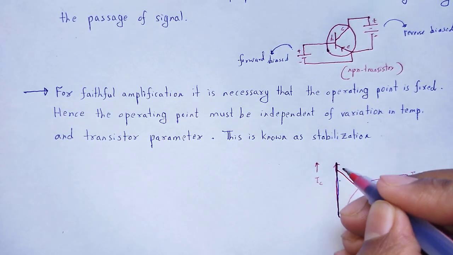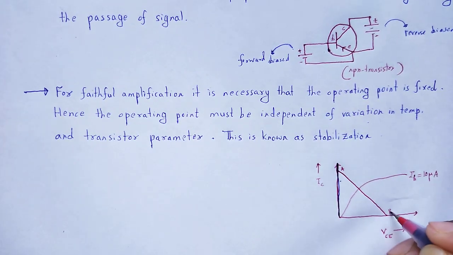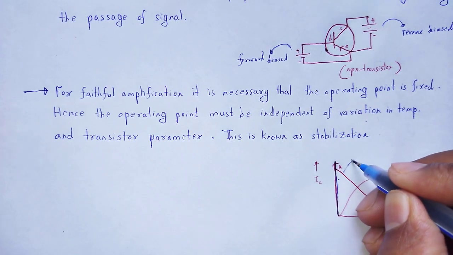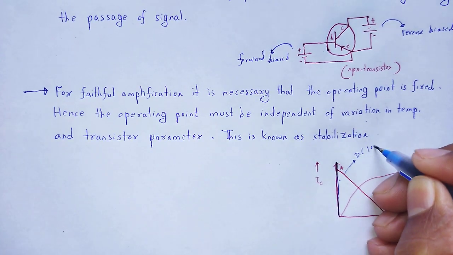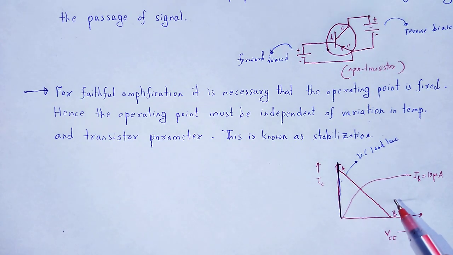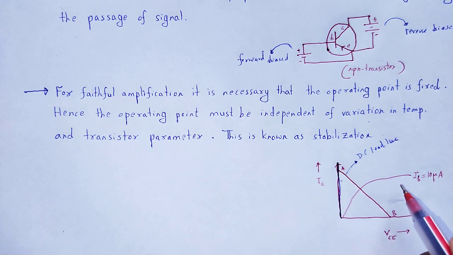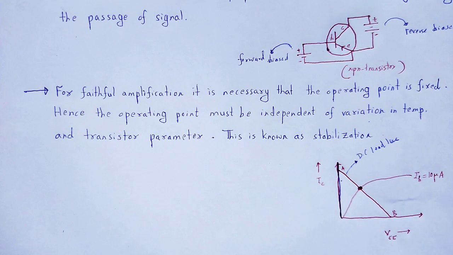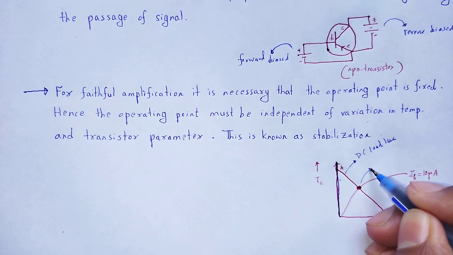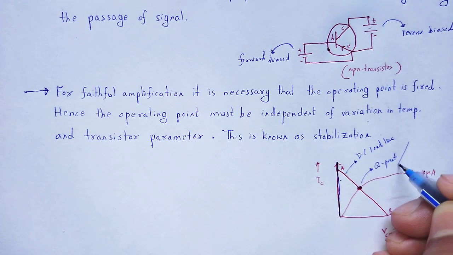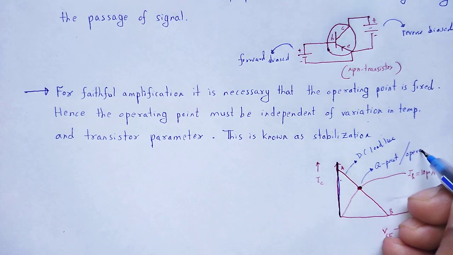This is the DC load line AB, and that DC load line intersects the curve IB at a point. That point is known as the Q point, or we call it the operating point.